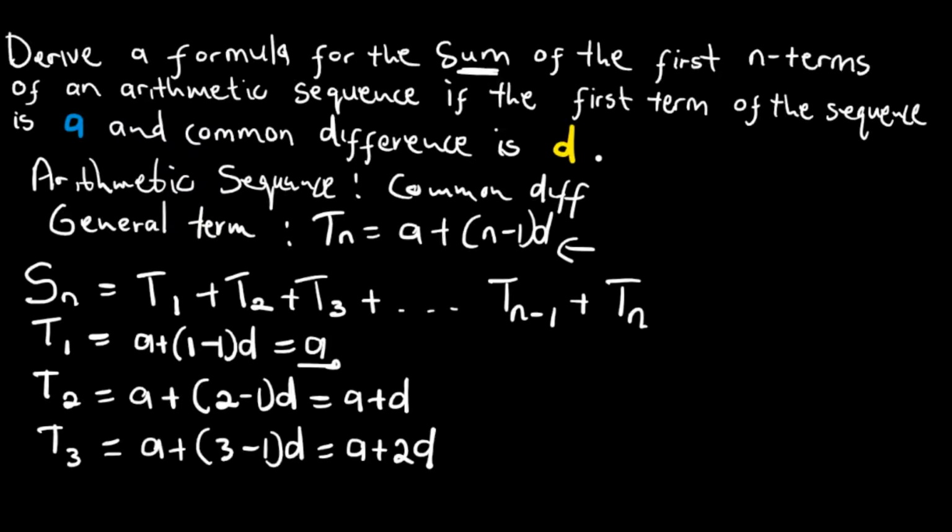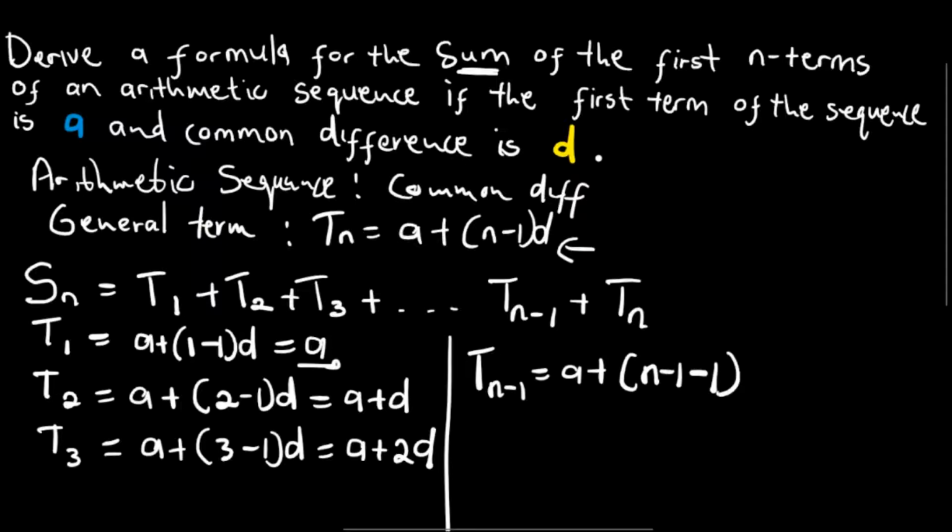Now for term subscript n minus 1, it's a plus (n minus 1 minus 1). Remember that this n minus 1 is substituted inside n of the general term.